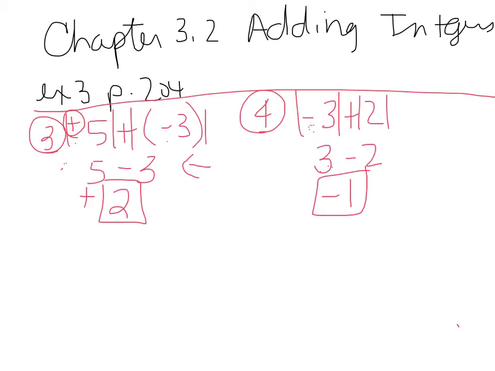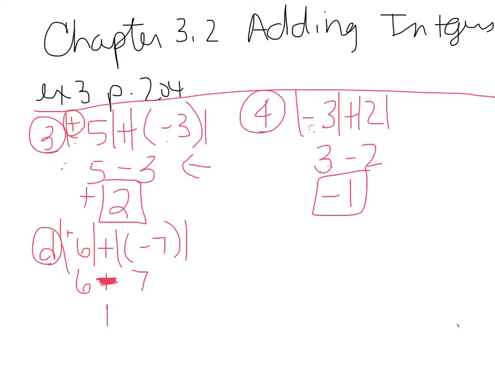And so let's do letter D, and it says 6 plus negative 7. And they're opposite signs because this is understood to be positive 6 and a negative 7. And so we're going to take the absolute value of 6, subtract 7, because they're different signs, so you subtract them, and you get a 1.